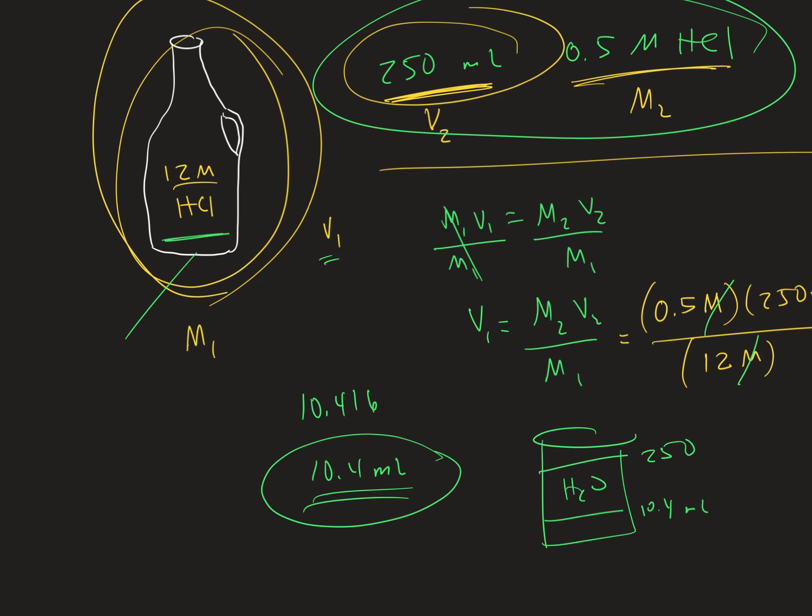250 minus this, right? Yeah. Shouldn't we round the 10.4 to just 10 for sig figs? Maybe, but is this our final answer? We're just saying, how do we make this stuff? But, yeah, we would. But again, we don't round until the end, because if we did round and just said 10, would that make it more or less concentrated?